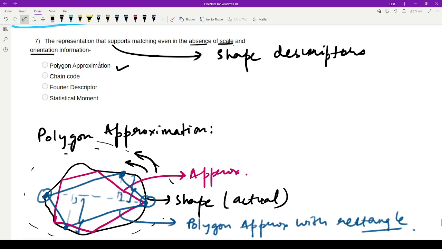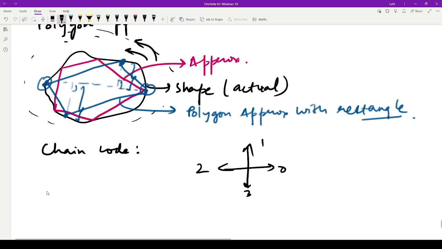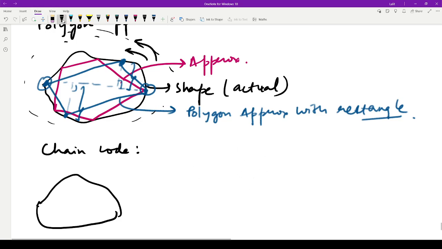What do you do in chain code? So if you have four or eight directions, you label the directions, right? And then based on those labels, for instance, if I choose the same object out here, I should use better refined directions than this.